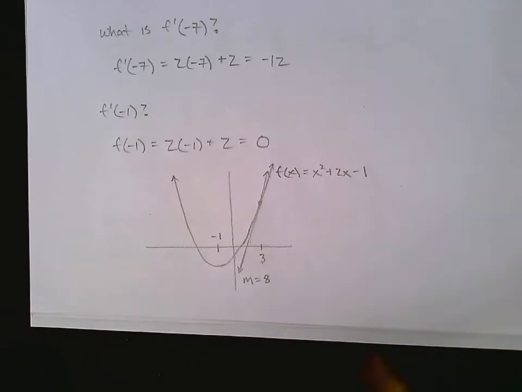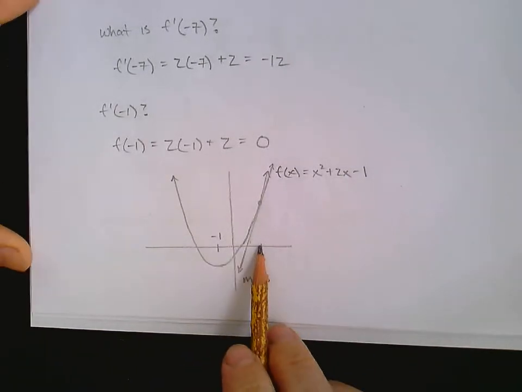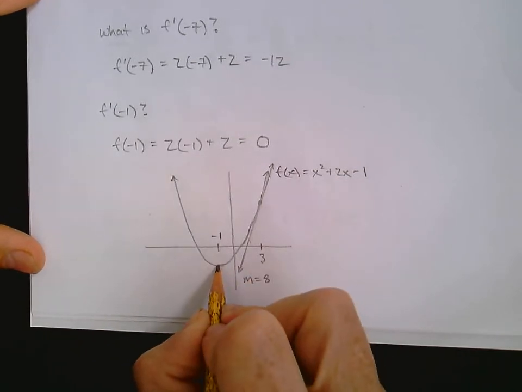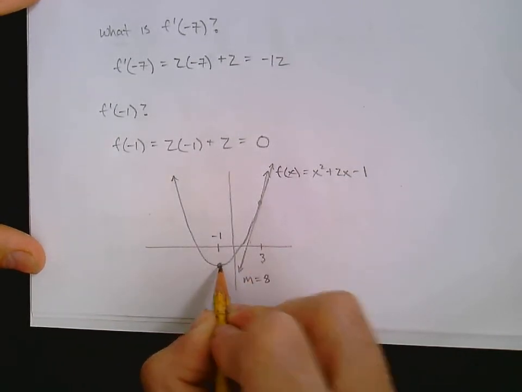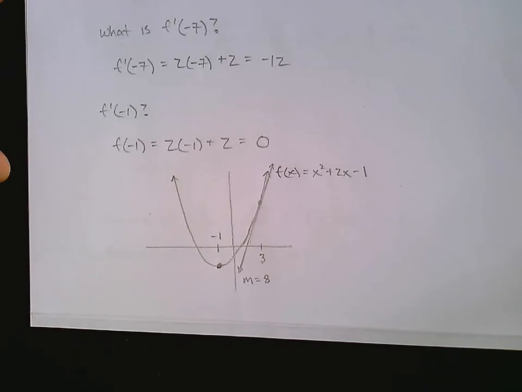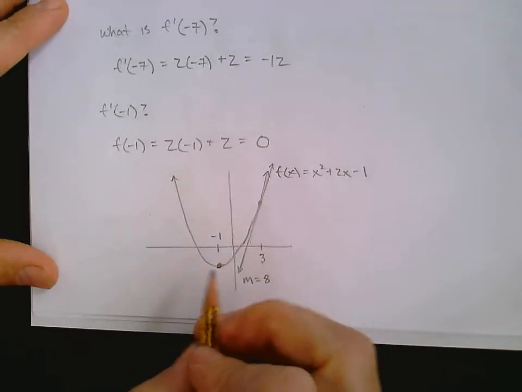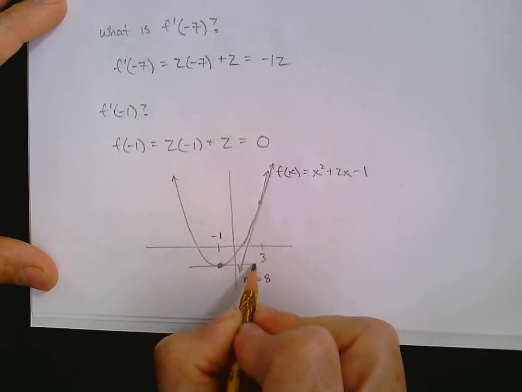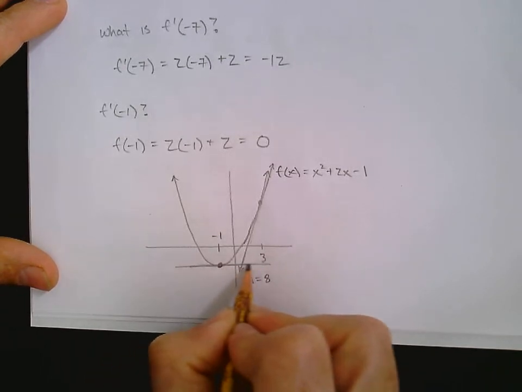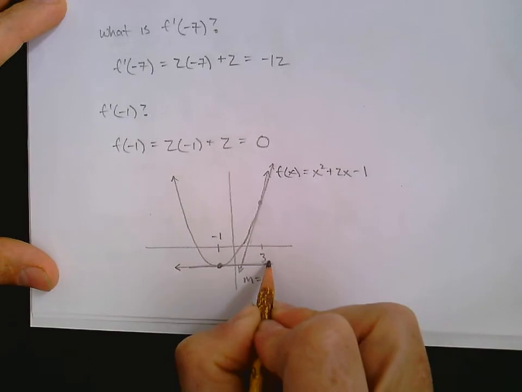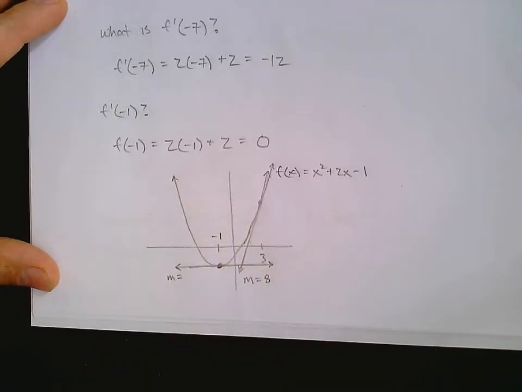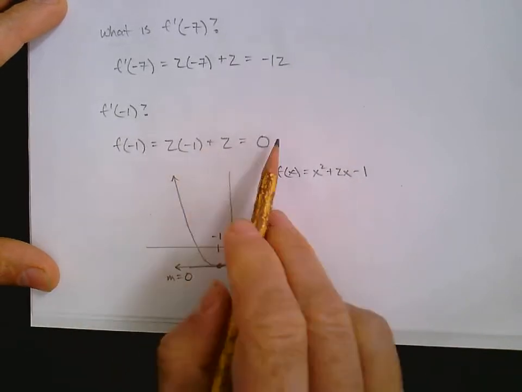That's what we discovered a moment ago. What about the point at negative 1? Turns out that's the vertex of that parabola. So if you were to draw the tangent line down here at the bottom, the tangent line would need to be horizontal. Well, what's the slope of that horizontal line? 0.